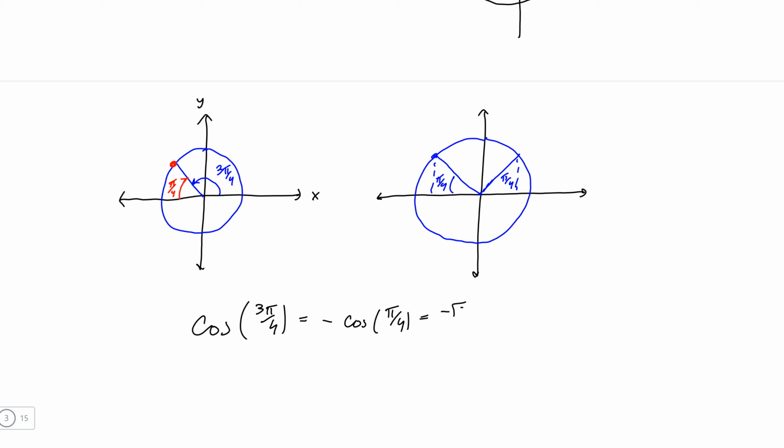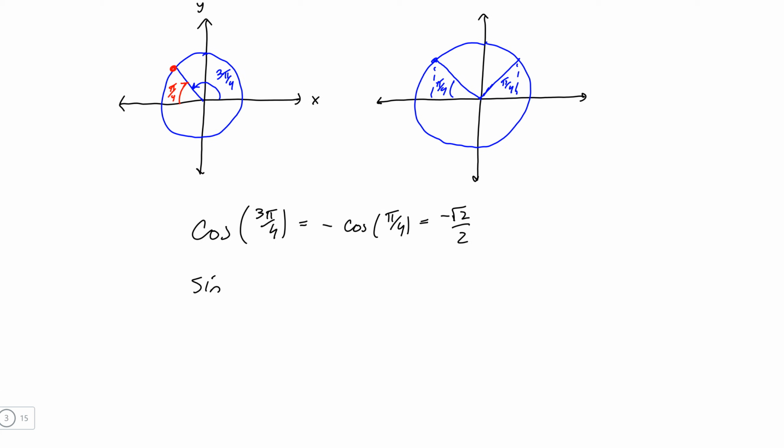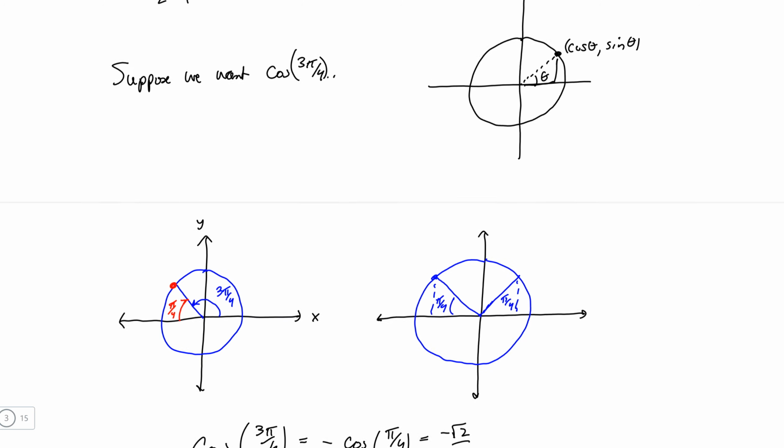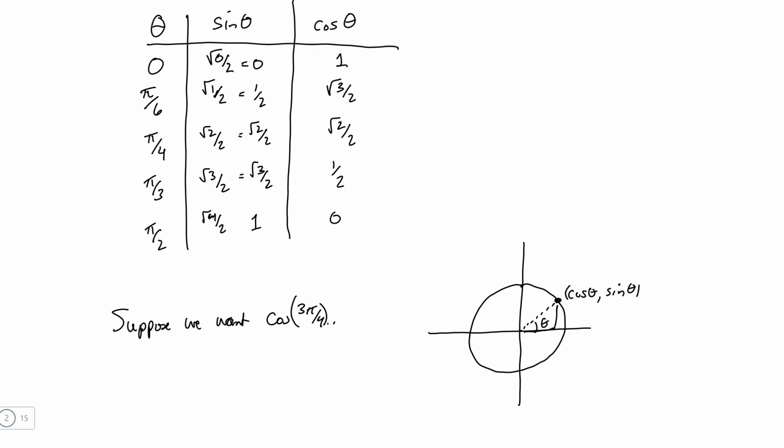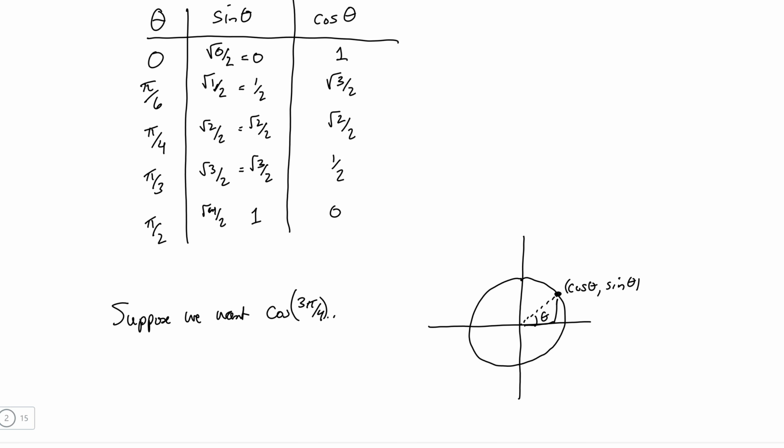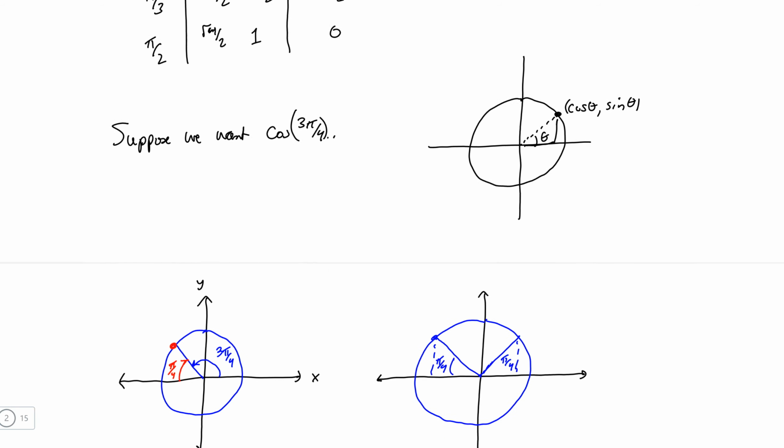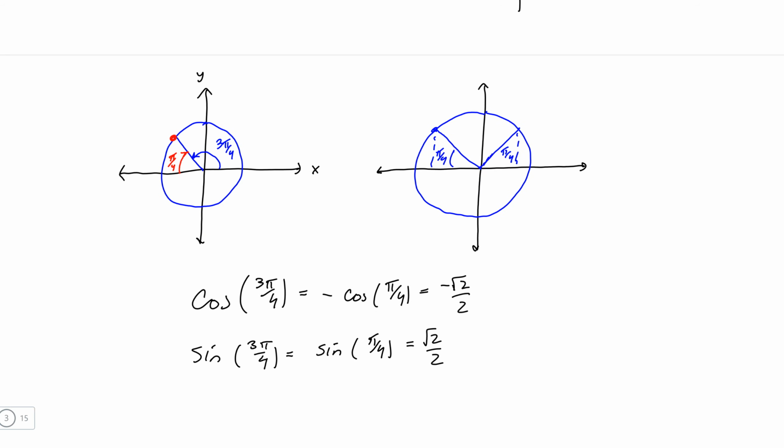So this is negative square root of 2 over 2. And sine of 3 pi over 4, since this is the y value, we see this is the same as sine of pi over 4, which is square root of 2 over 2. So basically, if we know this table up here, which we got just from counting and knowing a single value of sine, then we can use this unit circle to figure out all of the other values we might be interested in.